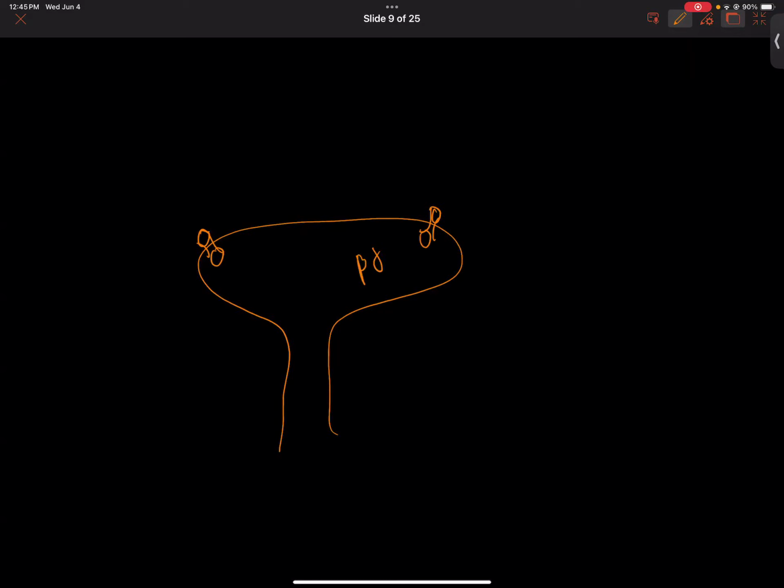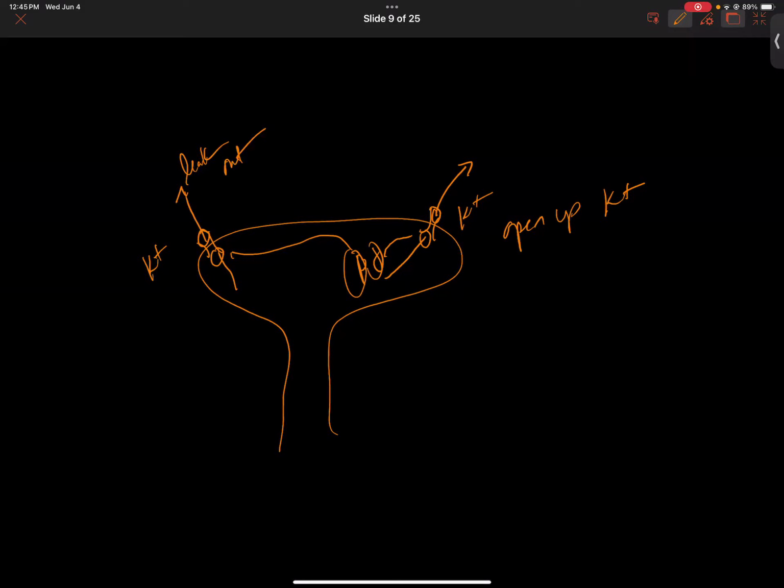But if the beta gamma subunit come over here and over here and open up potassium channels, potassium is going to leak out. And as potassium leaves, secondary to potassium channel opening, the membrane potential is going to get more and more negative.